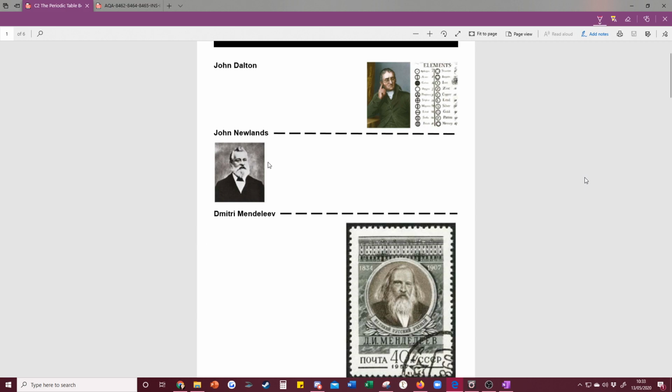I believe. So, John Dalton, he decided that he was going to organize the elements in order of their atomic weight. Notice that I didn't say mass, because at the time they only measured things in weight, using proper weighing scales instead of electronic balances.